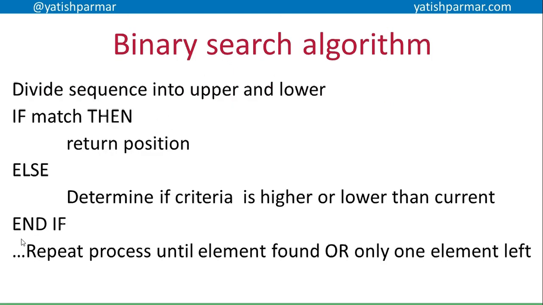So divide the sequence into upper and lower, match the middle item. If it's a match, I return it. Otherwise, I determine if the criteria is higher or lower, and then do that search again. I repeat the process until the item is found, or until there's only one element left.